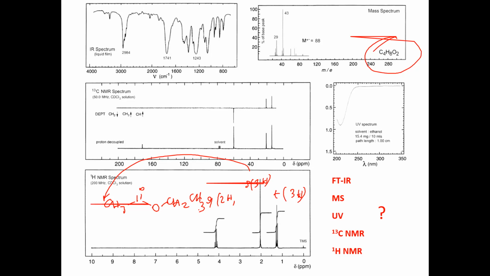The 29 is the ethyl group. So where does it come from? Fragmentation of this one. Although you already solved the puzzle, go back and be sure that you analyze all the potential peaks that I'm highlighting on the mass spec. Don't discard anything.